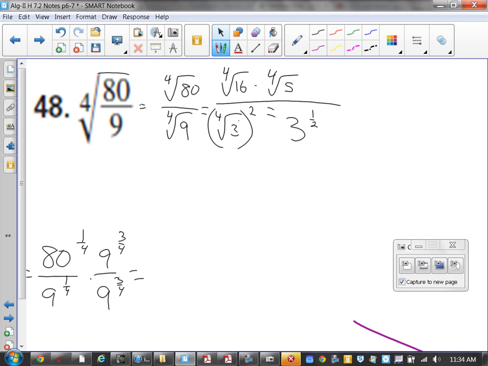So we have 2 times the 4th root of 5 over 3, which basically works out being the square root of 3. That is ugly beyond ugly. Because you still have a root in the denominator, right?